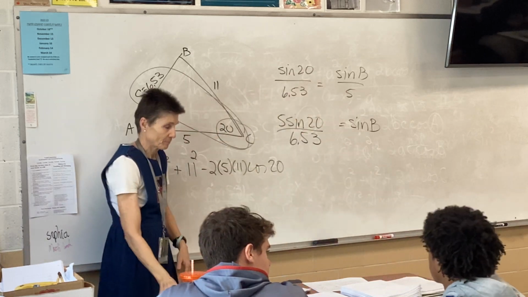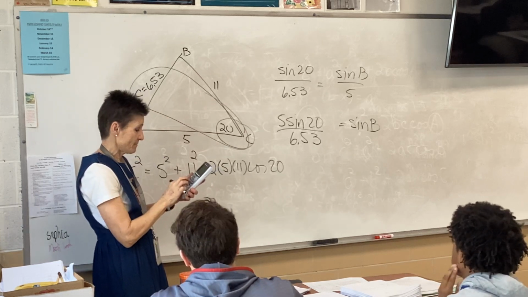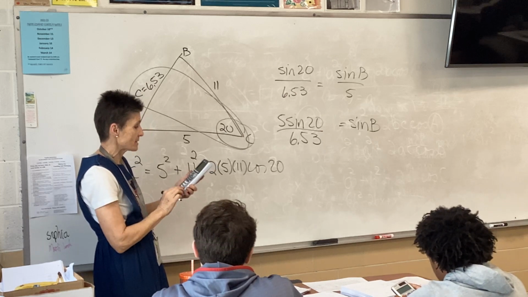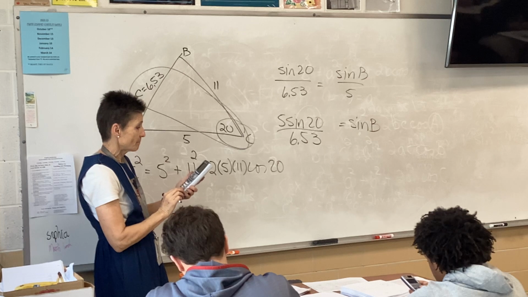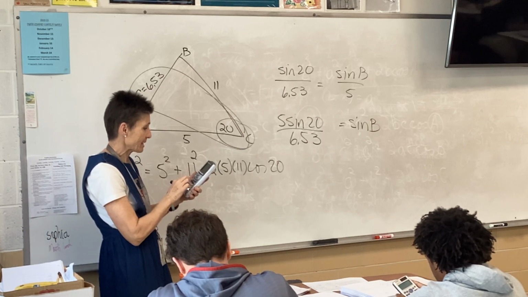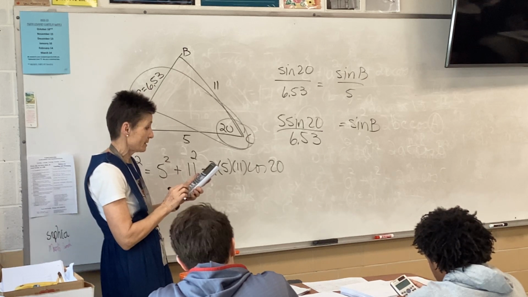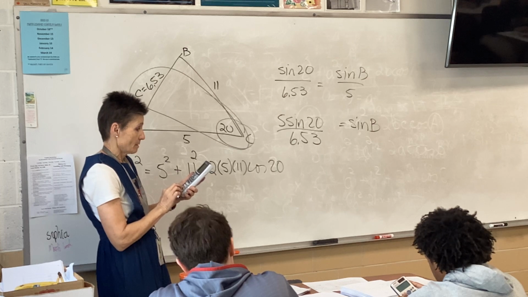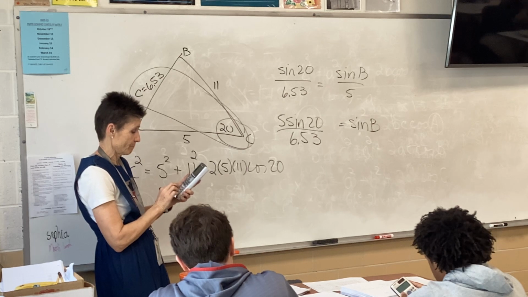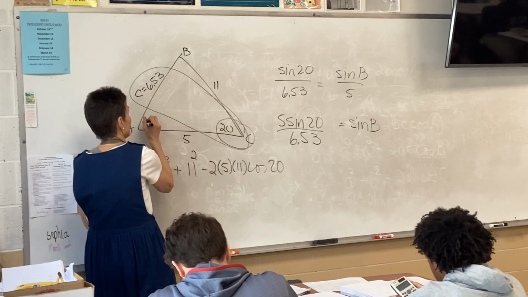Find angle B. Second sine of 5 times sine 20 divided by, I'm just going to use second answer, I still have it on my calculator. Did you get 15.18 approximately?